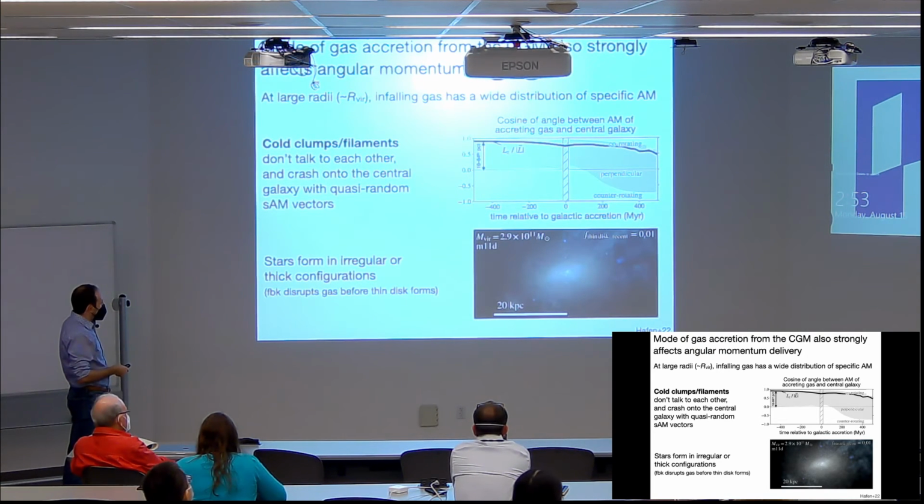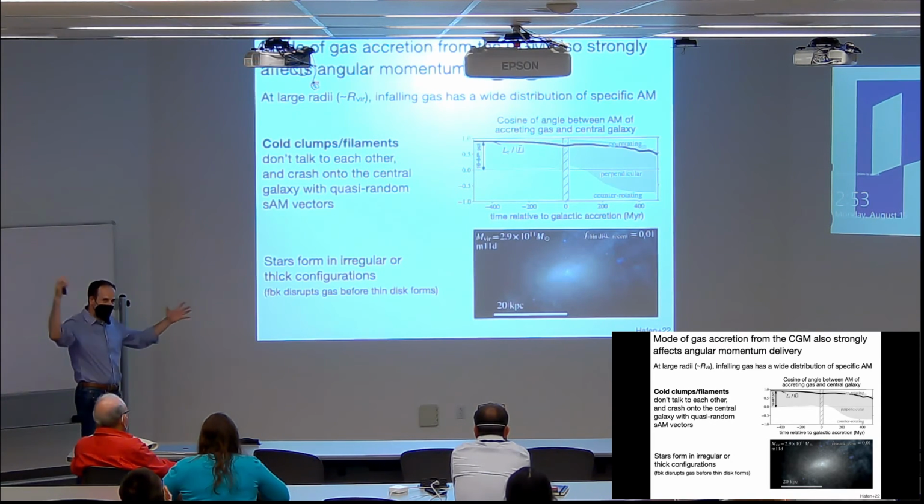And what you can see in this example, in which the gas accretes predominantly cold, is that the wide distribution of specific angular momentum that we have at large radii remains wide all the way to the time that the gas crashes into the center of the halo. And I think this is because when your gas comes in the form of cold clumps and filaments, these cold clumps and filaments effectively don't talk to each other before they meet at the center.